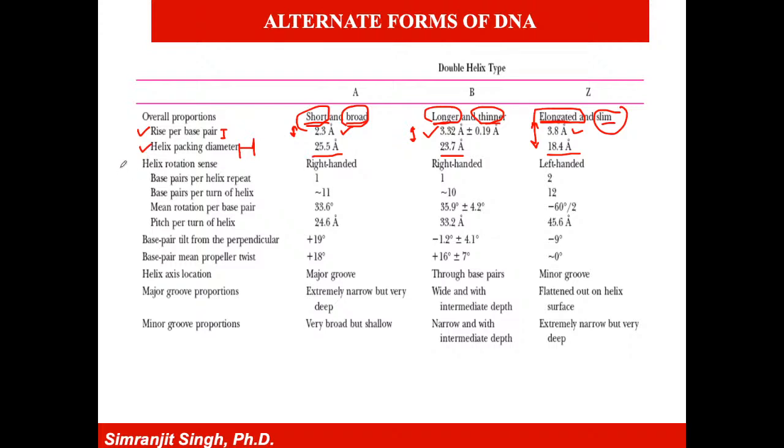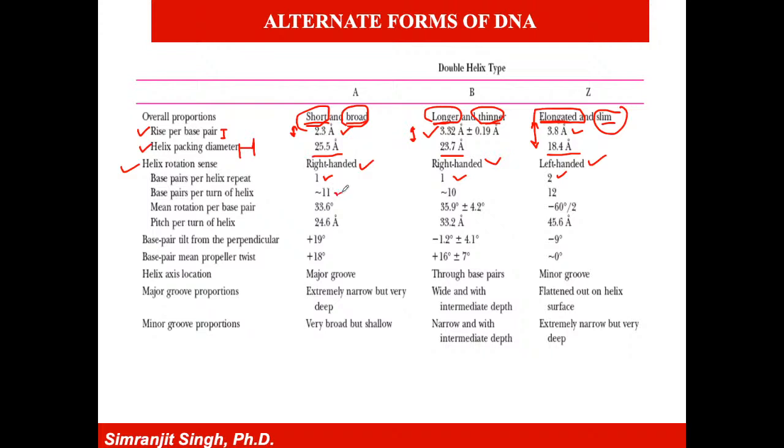Then the helix rotation sense, how the rotation is happening. As we have discussed, this is right-handed and this is left-handed. How many base pairs per helix repeat? This is one base pair per helix repeat, this is one, and in this case it is two. And how many base pairs per turn of the helix?